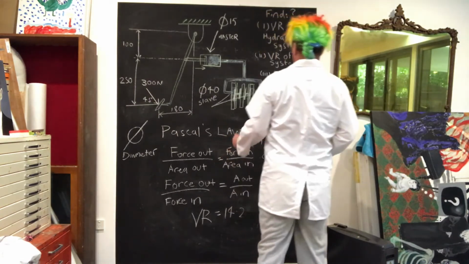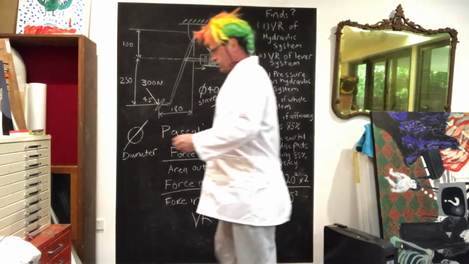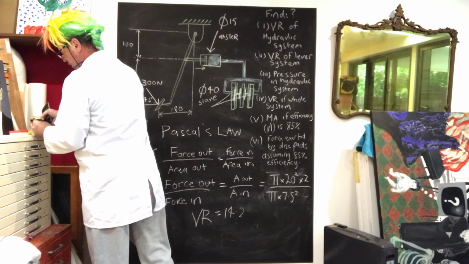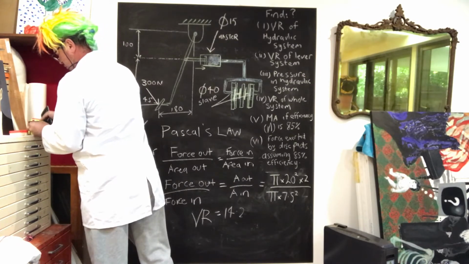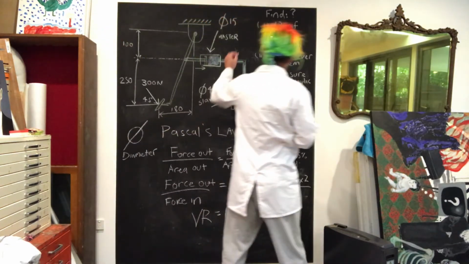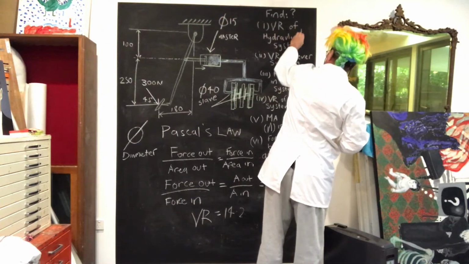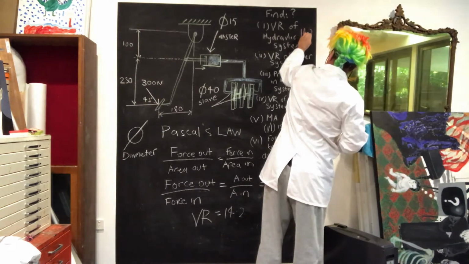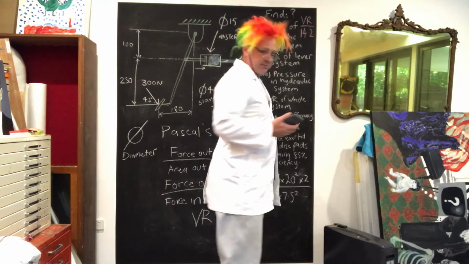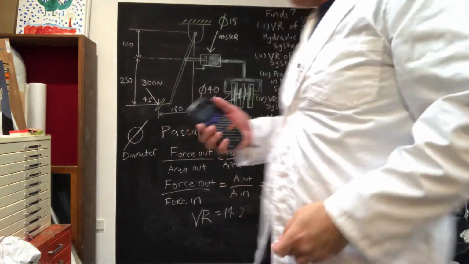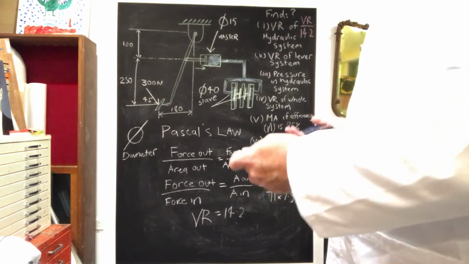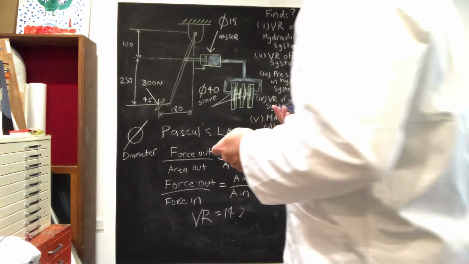So our first part of our question was asking for a velocity ratio. I'll just get another colour. So we've got our first part of the answer. It's 14.2. So VR is 14.2. Part 1 of the question solved. And we've learnt a little bit on the way, a few things to look out for.